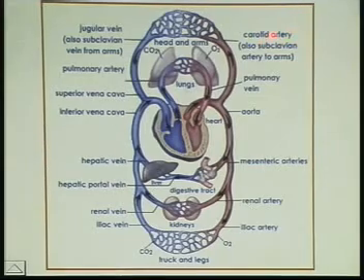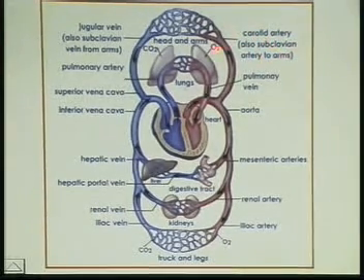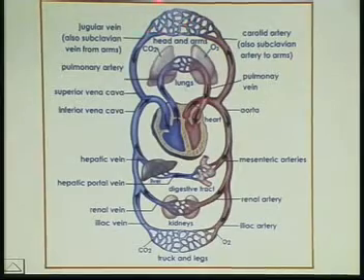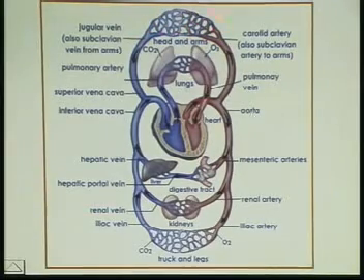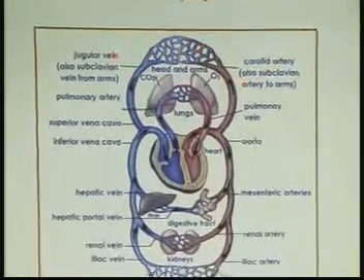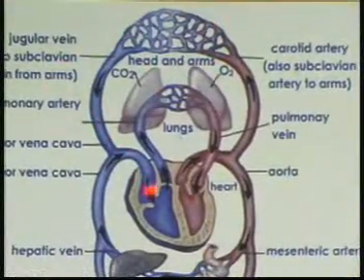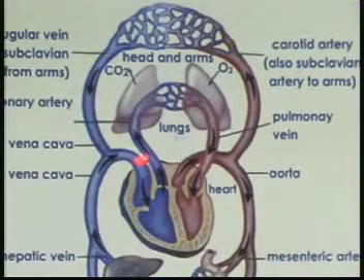You can see the carotid artery, which is also the subclavian, that is going to the arms. It has divided into a set of capillaries. The capillaries have united to form a vein, and the deoxygenated blood from the upper parts of the body is poured into the right auricle by the superior vena cava.